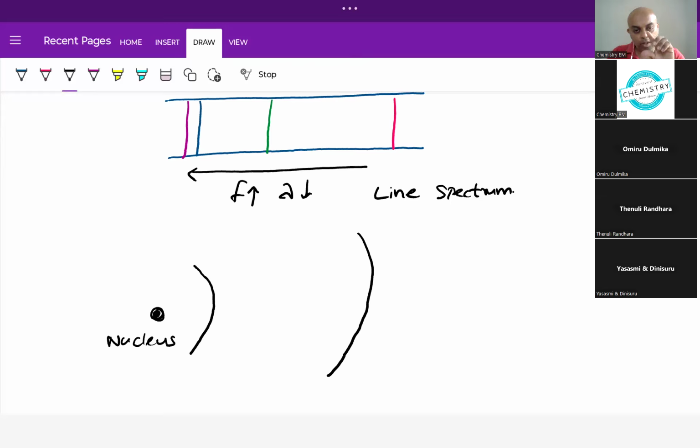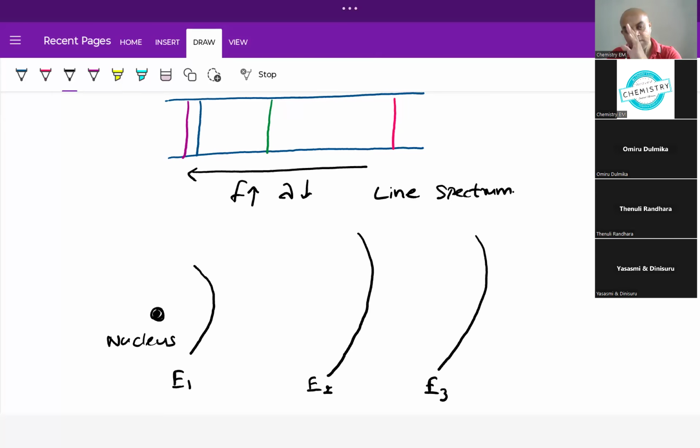Let's say this is E1, this is E2. The distance between E1 and E2 is greater than the distance between E2 and E3, so E3 will be somewhere around here.